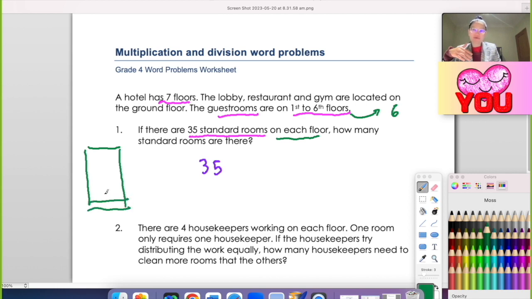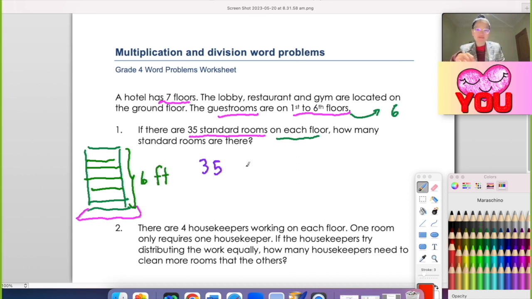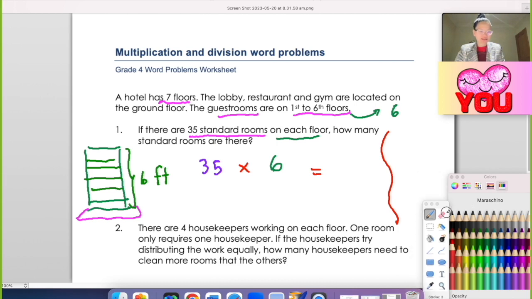This one could be the lobby, some stuff, but we have 6 floors: 1, 2, 3, 4, 5, 6. All of them come together, 6 floors. So it's 35 what? How do we set up? Multiply, times 6.